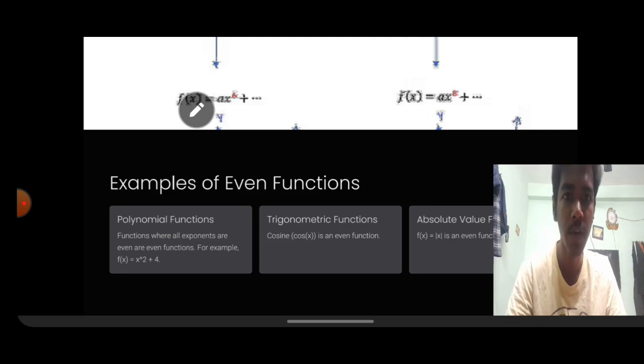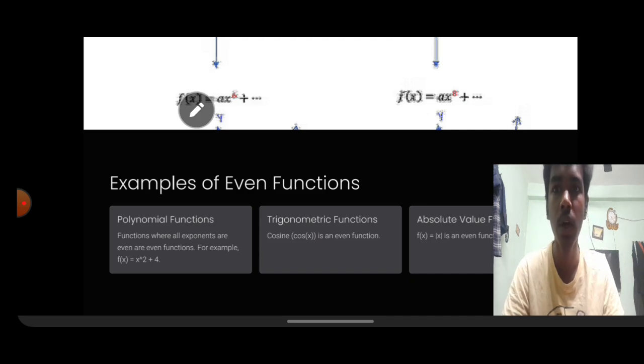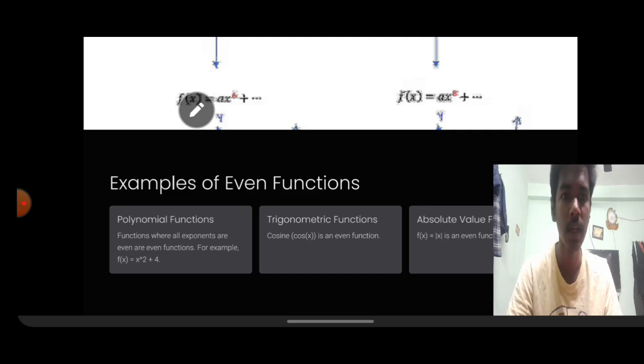We will discuss examples of even functions. Polynomial functions: functions where all exponents are even, for example f of x is equal to x square plus 4, x square, x power 4, etc. Next, trigonometric functions.